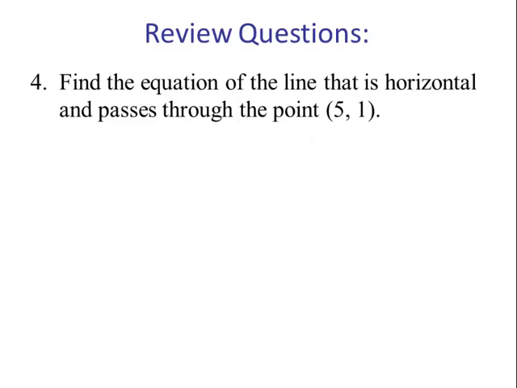Number 4, find the equation of a line that is horizontal and passes through the point 5, 1. Now horizontal line, y equals b, and because the line is horizontal, our slope is 0. So again, it may help for some to visualize this.